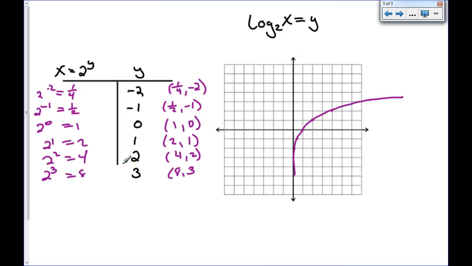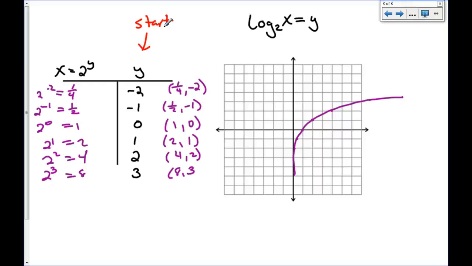If I wanted to graph log base 2 of x equals y, basically, I'm going to, instead of putting an x value into it to solve for y, I'm going to start with the y value. Okay? We're doing it backwards because remember that a log is really the inverse of an exponential function.